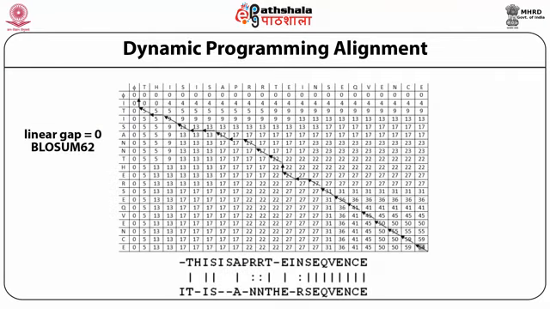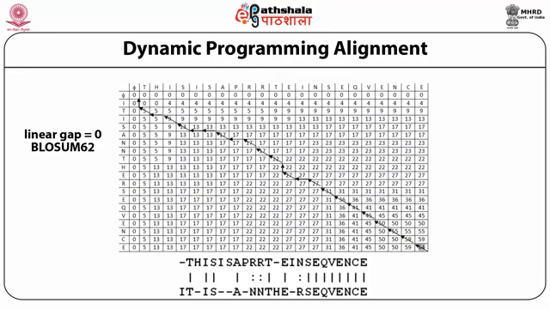Let us take another example of Needleman-Wunsch dynamic programming alignment for the pair of protein sequences shown in this slide, with the completed score table using BLOSUM 62 and linear gap penalty 0.